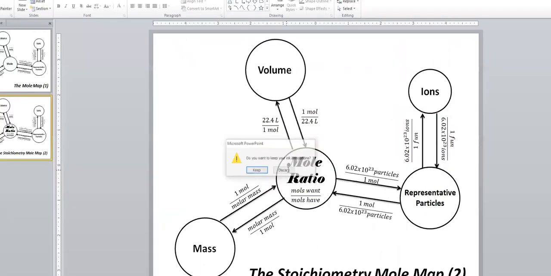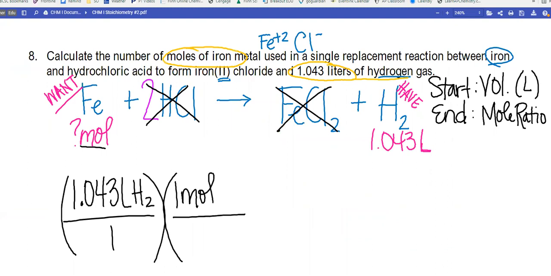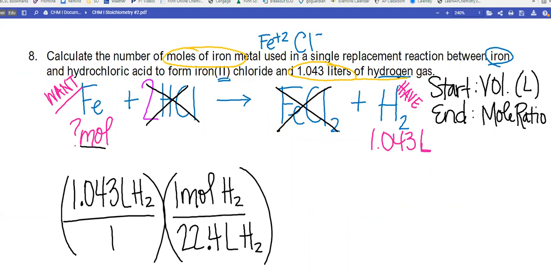So parenthesis number 2 we're going to say 1 mole of what we have, the H2, over the 22.4 liters that we're getting from our mole map. And this is a have step, so I labeled it as H2 because that's the have compound. By doing that, that allows us to cancel out the liters of H2. Don't cancel the numbers.